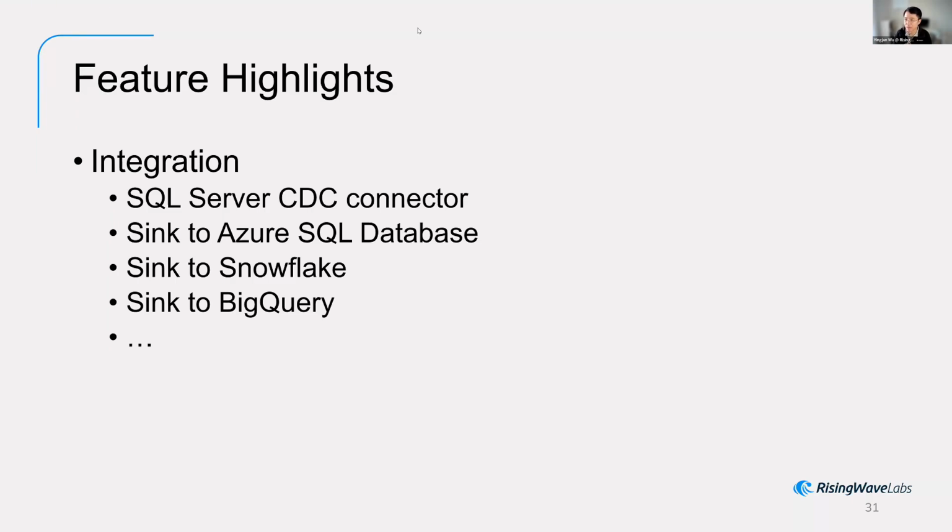If you want to do that, then you can directly use RisingWave Cloud, or rather the RisingWave Premium Edition, because we have the direct sync to Azure SQL database, so that you do not need to manage an additional layer, for example, middleware such as Kafka, right? Also, sync to Snowflake and BigQuery are included in the RisingWave Premium Edition.